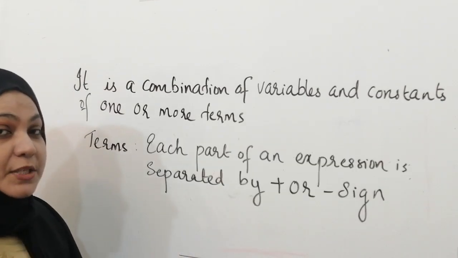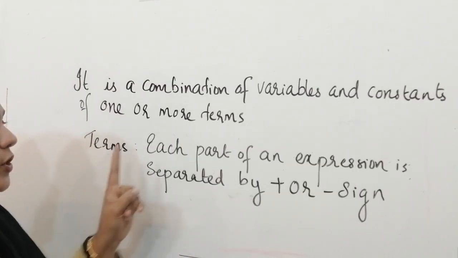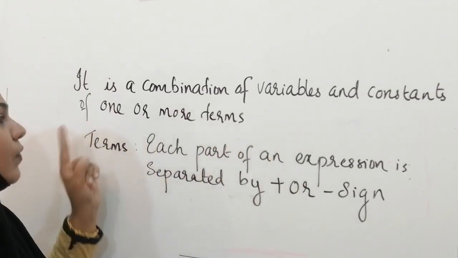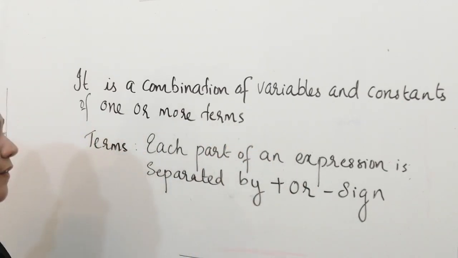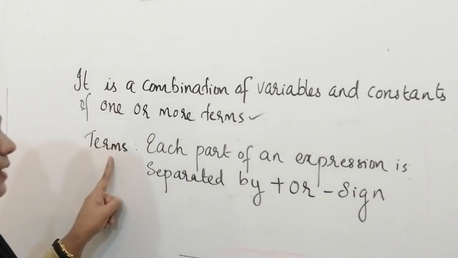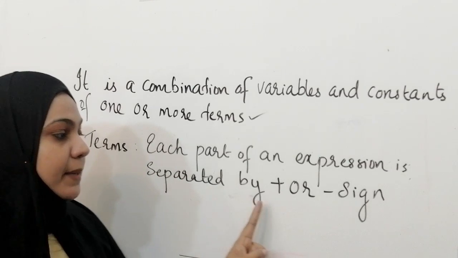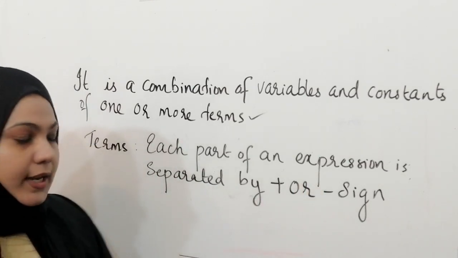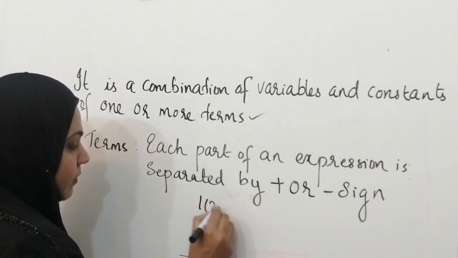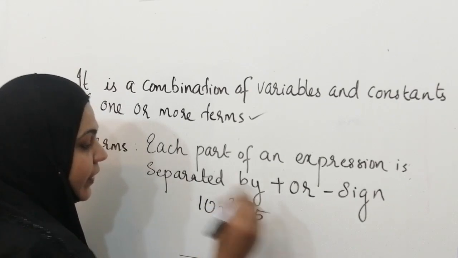What is the definition of an algebraic expression? It's a combination of variables and constants of one or more terms. So let's see what terms are. Terms means each part of an expression separated by a plus or minus sign. For example, 10x square minus 5.